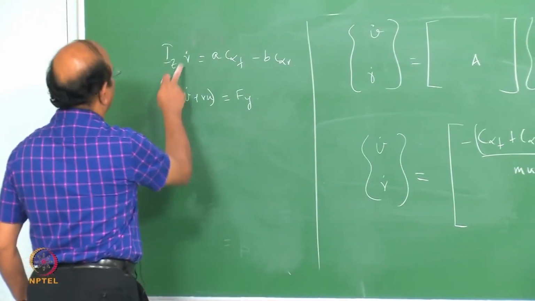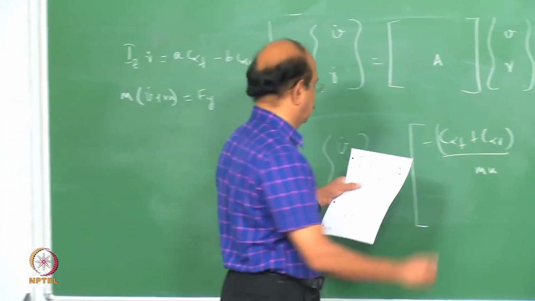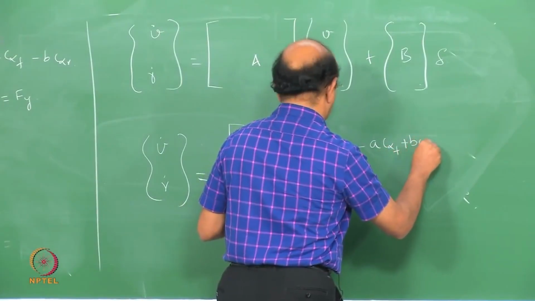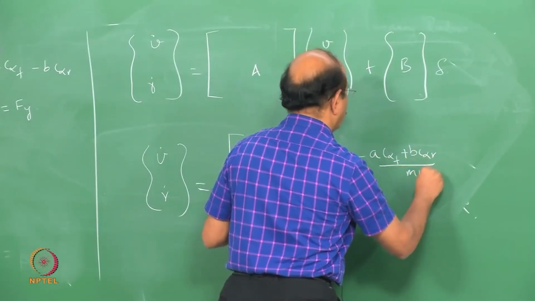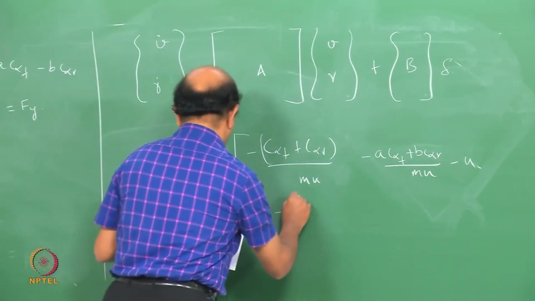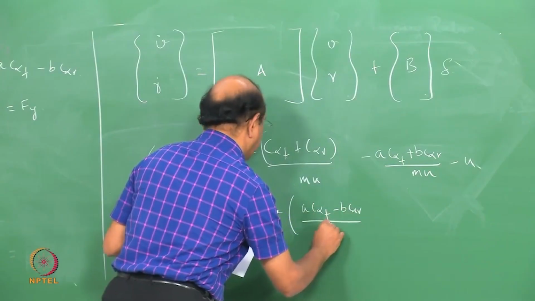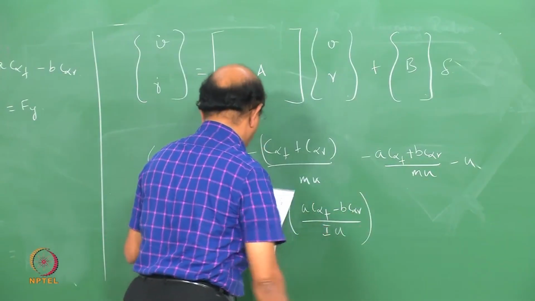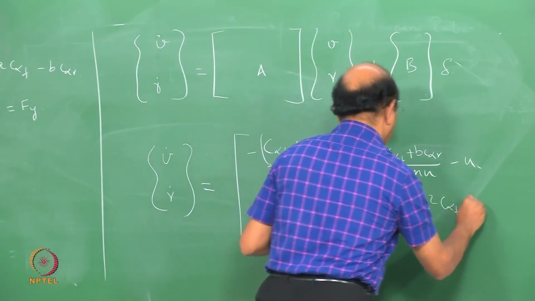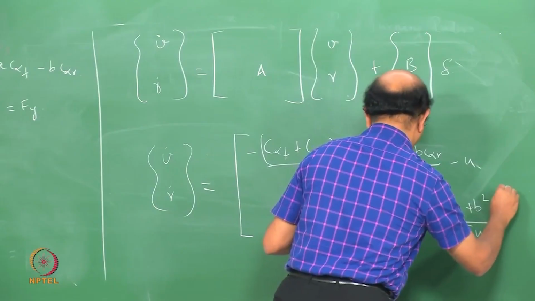So R dot and V dot, that's what we're writing there. Minus (A C alpha F plus B C alpha R) by mu minus u, that's the second term, and minus (A C alpha F minus B C alpha R) divided by I u, minus (A squared C alpha F plus B squared C alpha R) divided by I u.